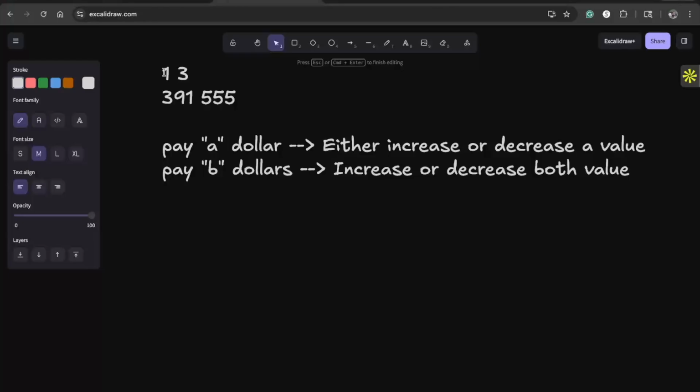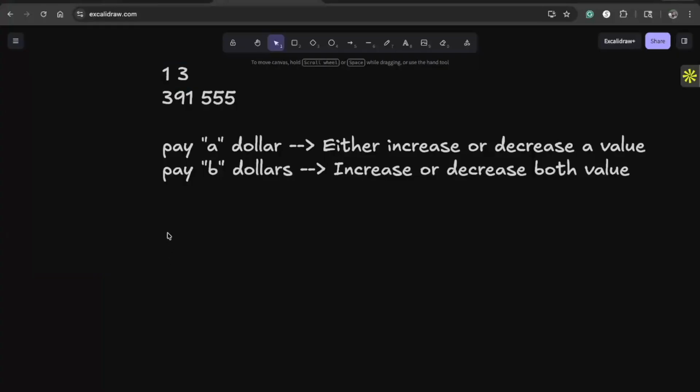In the example that we are considering here, we have 1 and 3, so we can perform the b operation by paying b dollars and increase or decrease both of these values by 1.